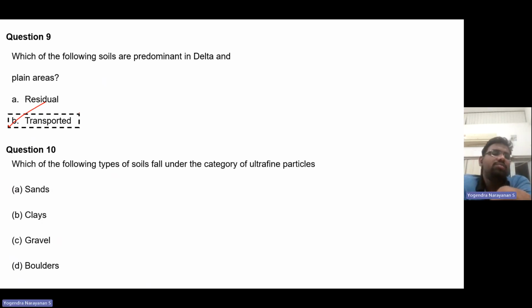Repeating the question, which of the following types of soils fall under the category of ultrafine particles? Option A, sands. Option B, clays. Option C, gravel. Option D, boulder.